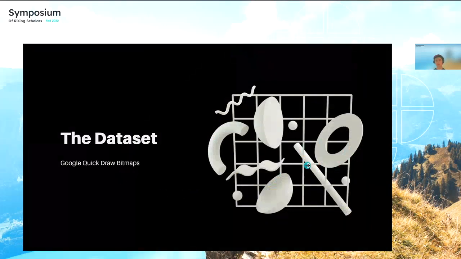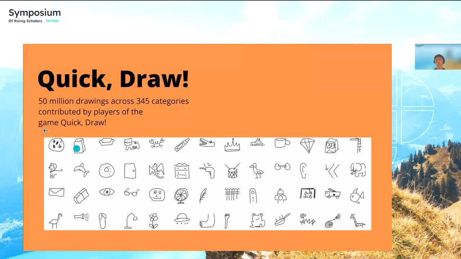So for the data set, I used QuickDraw bitmaps. And QuickDraw is an open source Google project that contains 50 million drawings across 345 categories and is contributed by players of the game QuickDraw, which is a Google game where you draw pictures until their AI recognizes them.